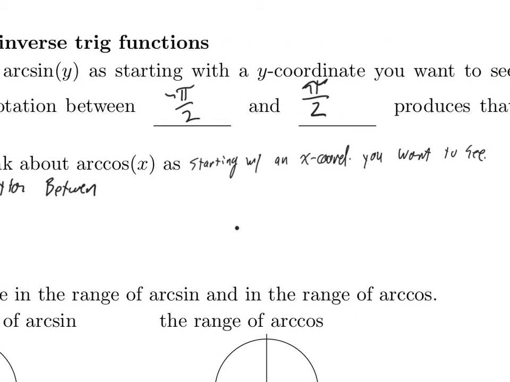It's 0 and pi. So the output of inverse cosine should be somewhere between 0 and pi and produces this x value.